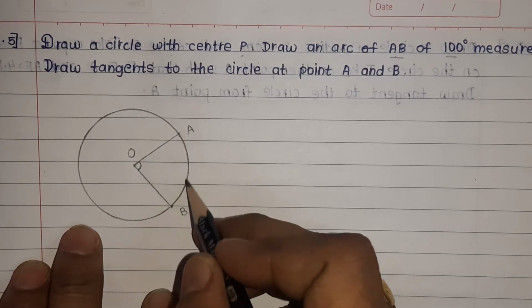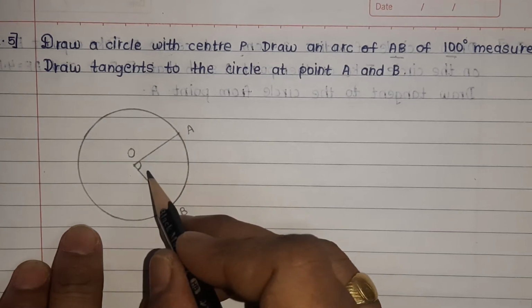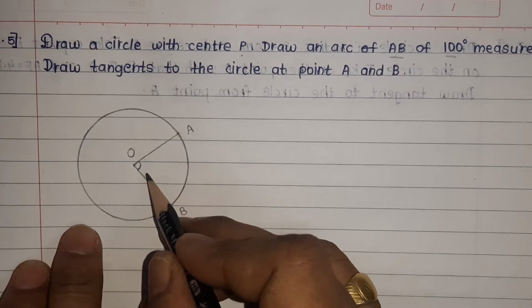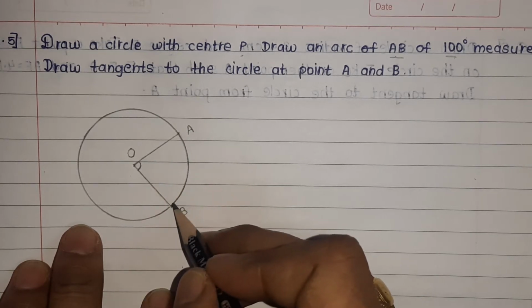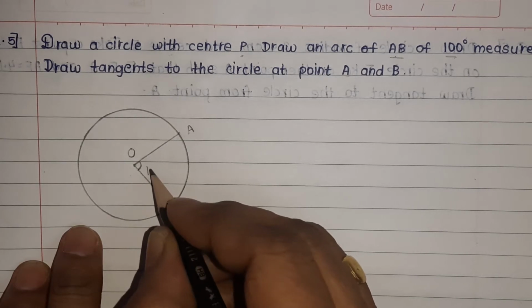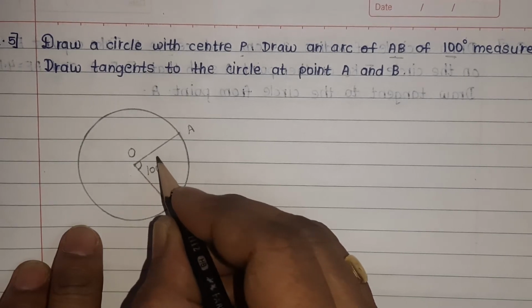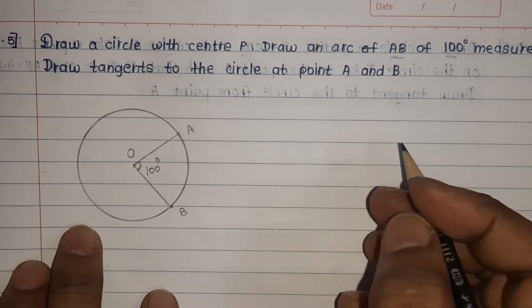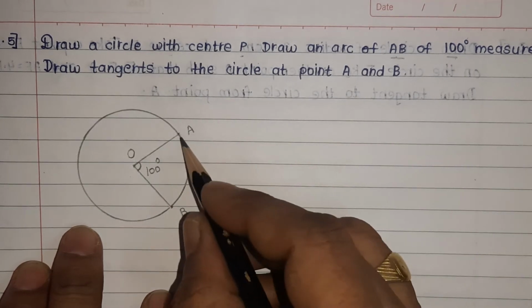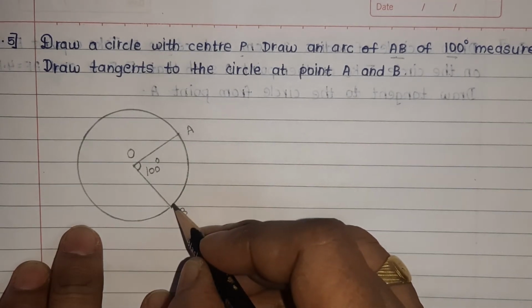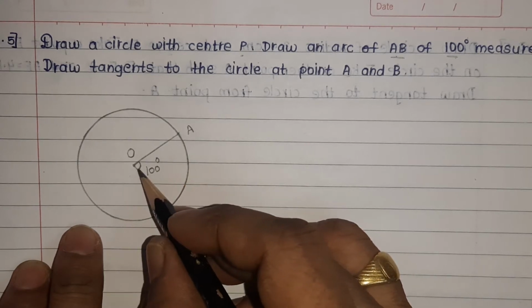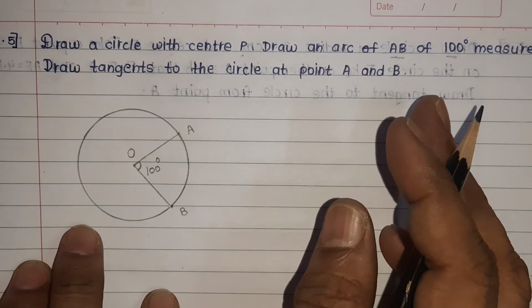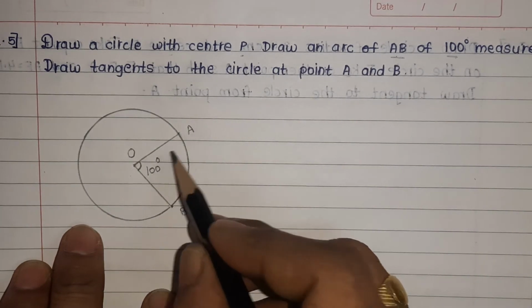The measure of this arc is equal to the measure of its corresponding central angle. That means if we have to draw an arc of 100 degrees, we must draw an angle of 100 degrees at the center. For that purpose, we have to draw the central angle of 100 degrees. Got it? Dear student, this is 100 degrees.